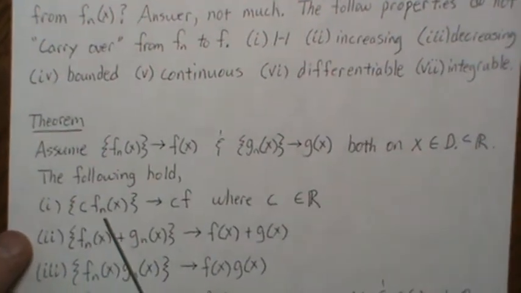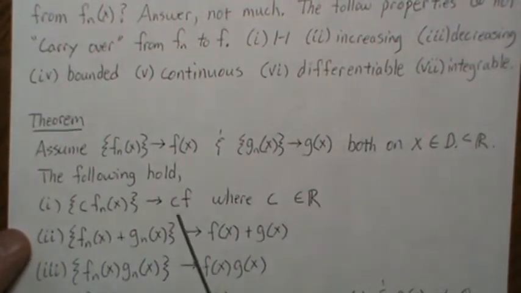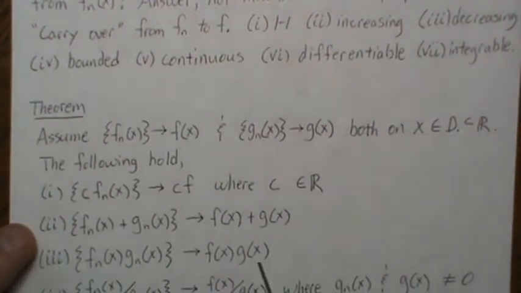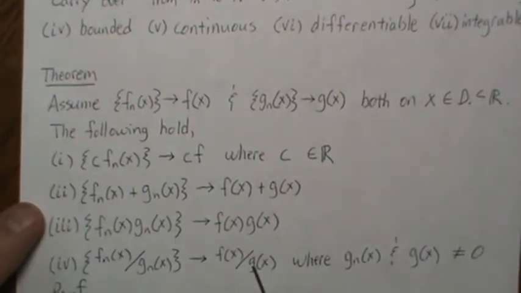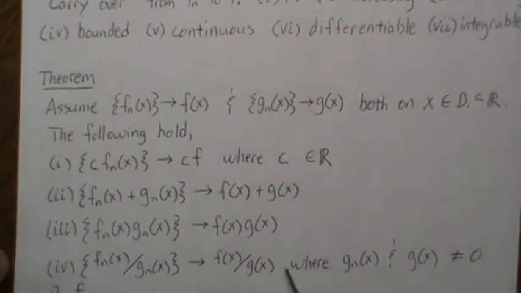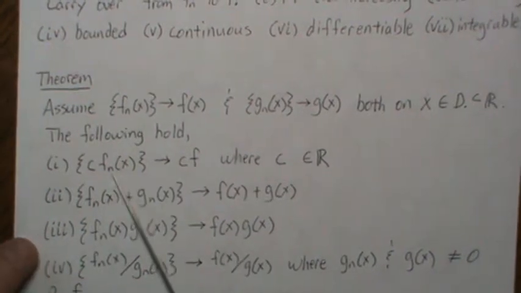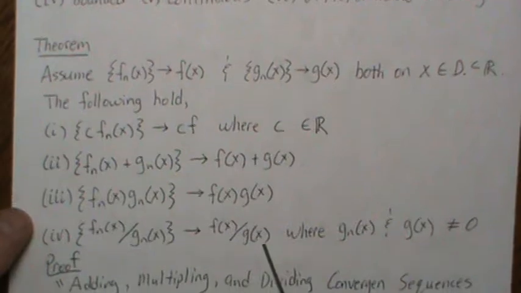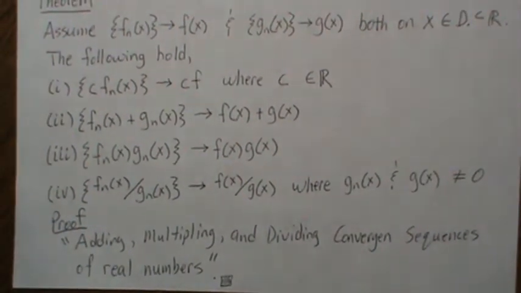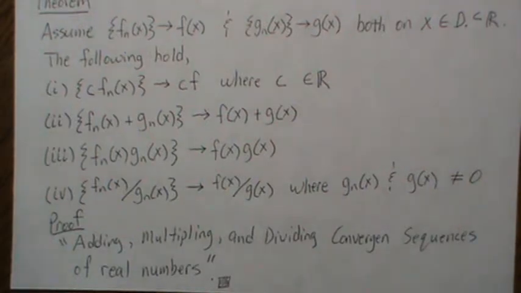The c times f of n converges to cf. Fn plus gn converges to f plus g. The products converge. The ratio converges, assuming that the denominator is not zero. And we get all these because these are just sequences of real numbers. So if you go back and look at the proof of adding, multiplying, and dividing convergent sequences of real numbers, that's the proof to prove these. So we're not going to do it here.